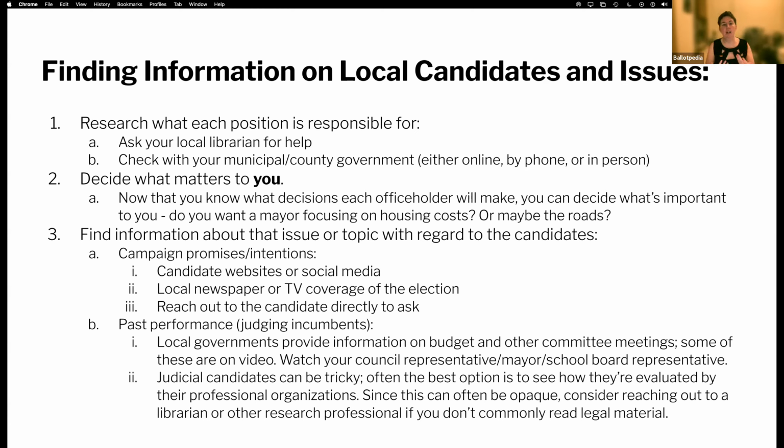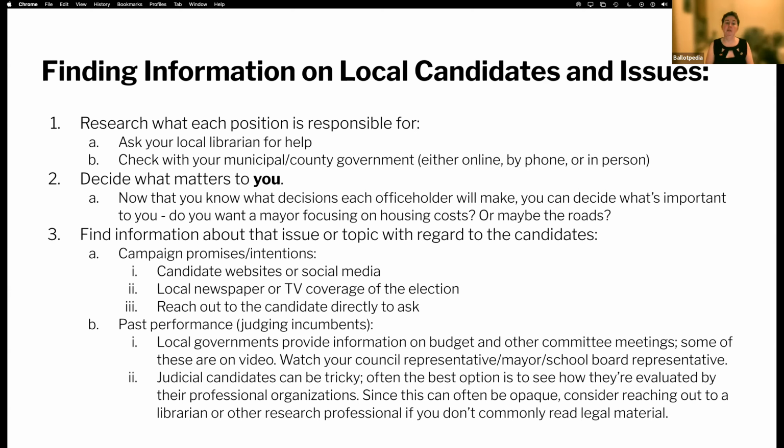So maybe you want to focus on housing costs. In my municipality, a huge thing is the condition of the roads. Maybe what matters to you is developing the business community in Kenosha. Everybody has their own metrics for determining who to vote for.